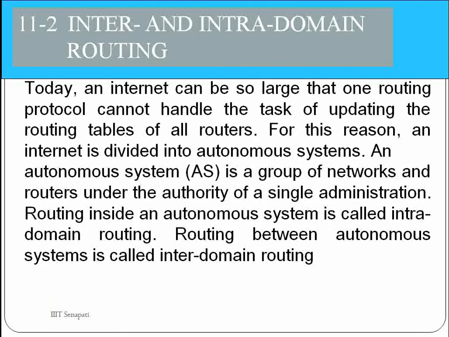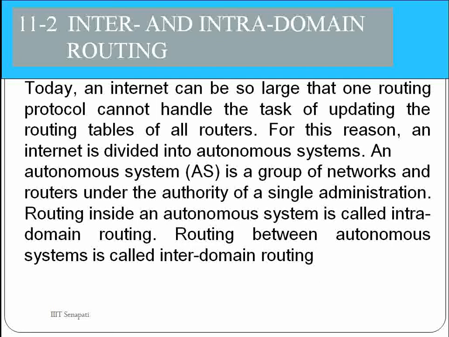Now the other thing you have to understand is interdomain and intradomain routing. An internet can be so large that one routing protocol cannot handle the task of updating the routing tables of all the routers. So we will divide it into autonomous systems. These autonomous systems are a group of networks.